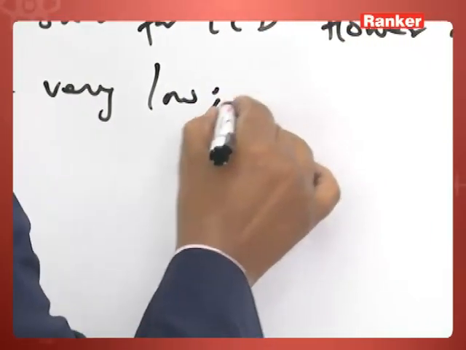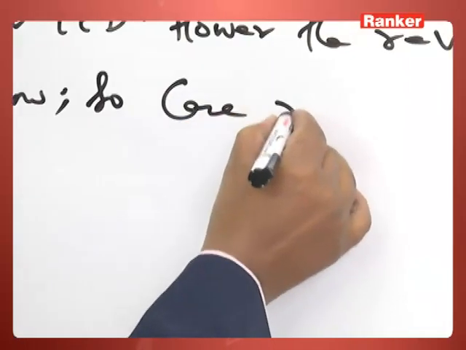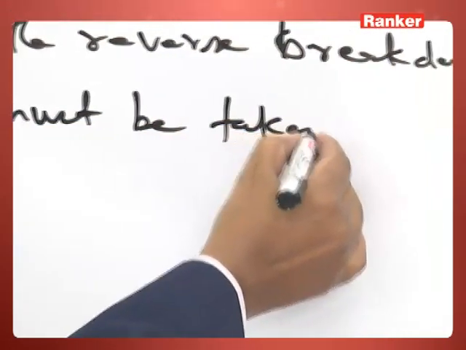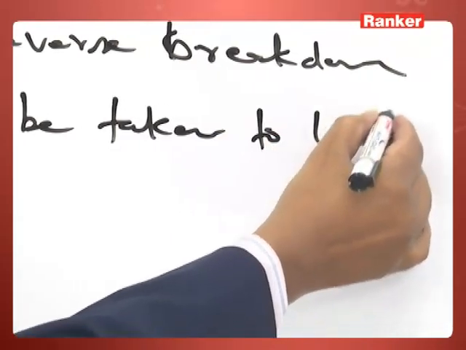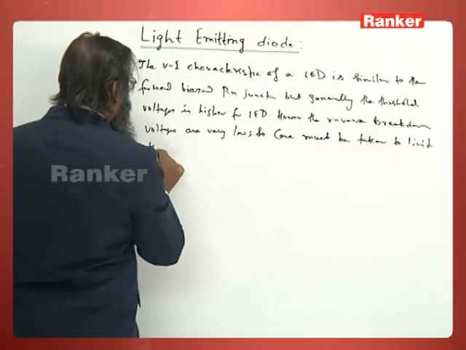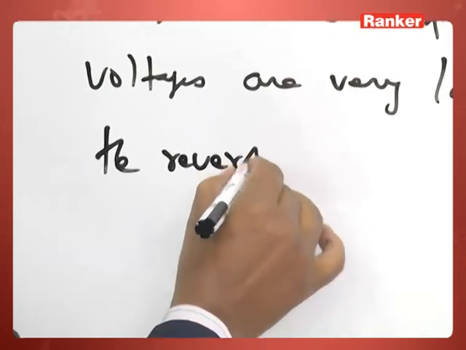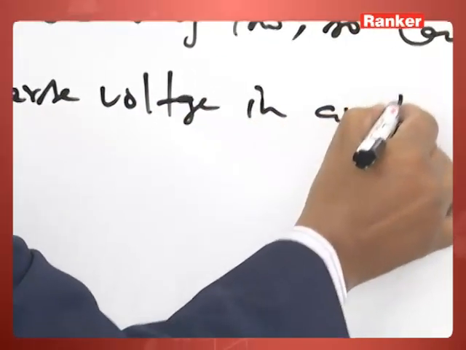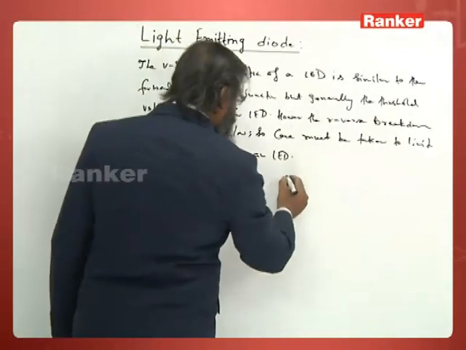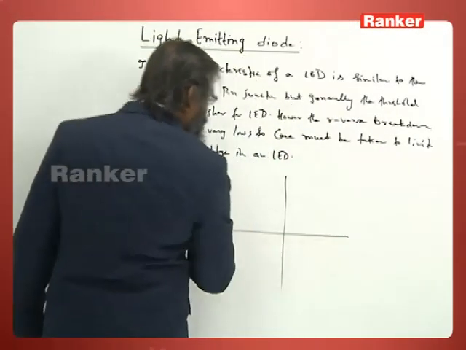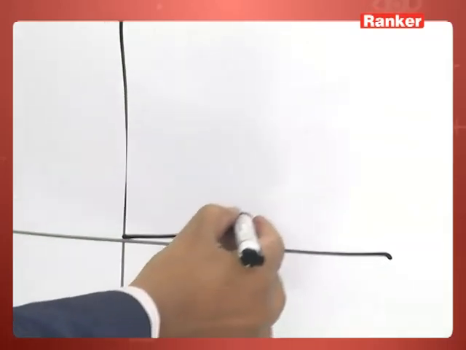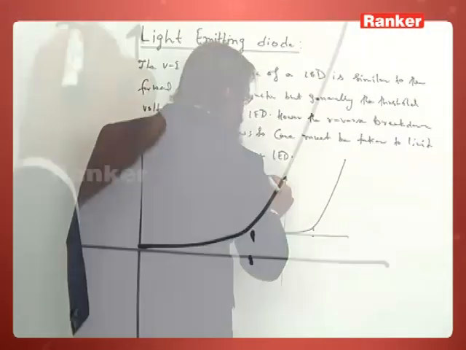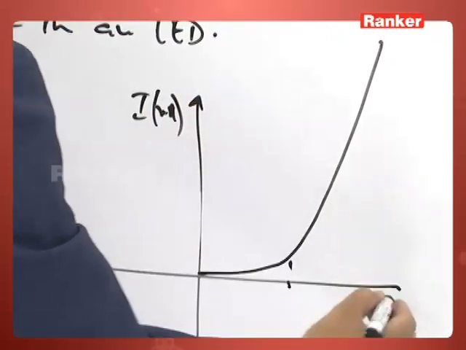So, care must be taken to limit the reverse voltage in an LED. So you see this is what happens. This is the threshold, this is the current in milliamperes, and this is the voltage.